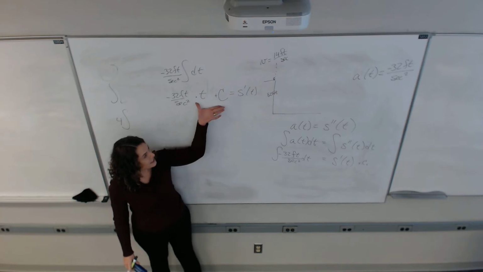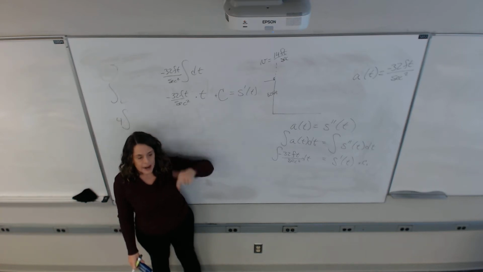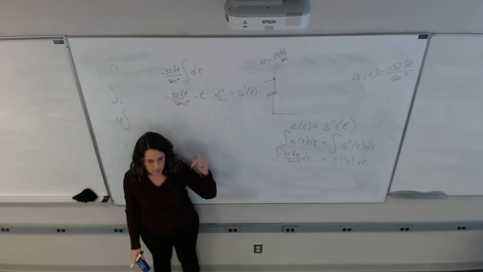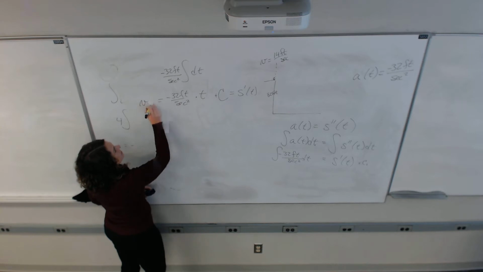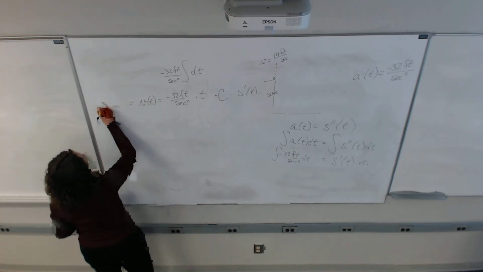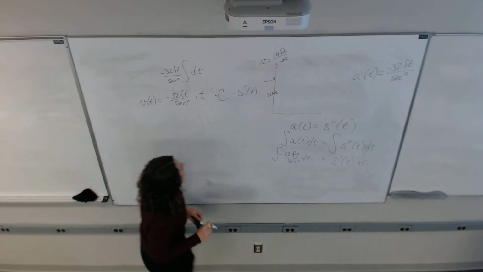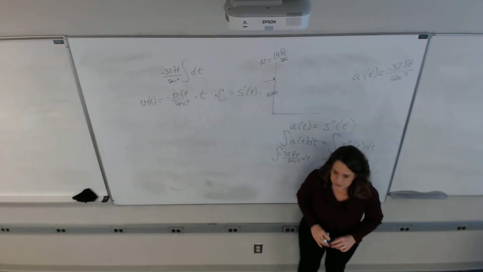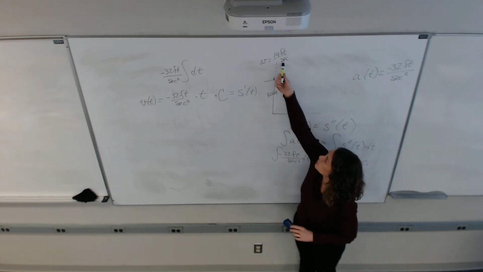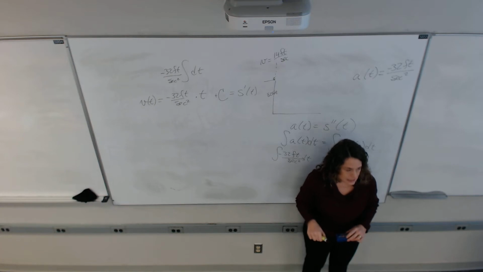So once I get to here, before I go any further, I actually know something about this function. This is velocity, the first derivative. What did I know about velocity? 14 feet per second. When?